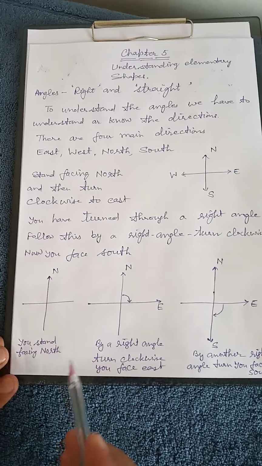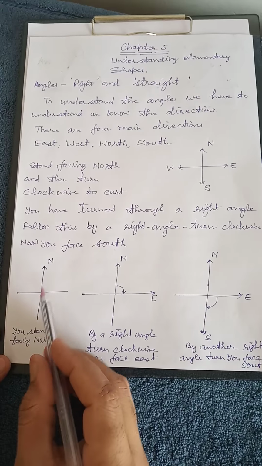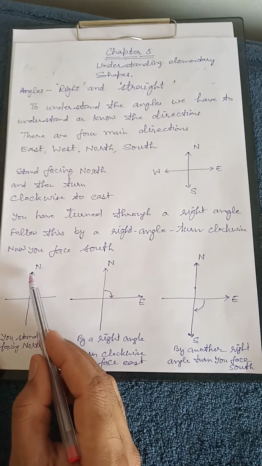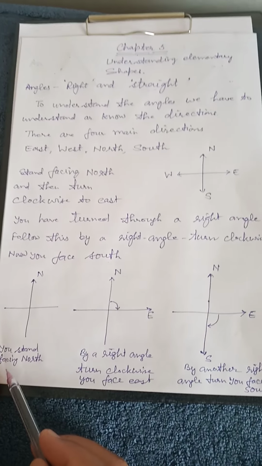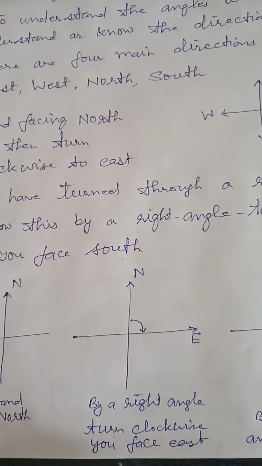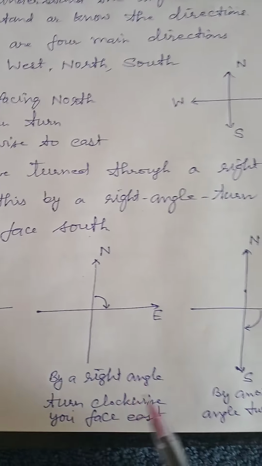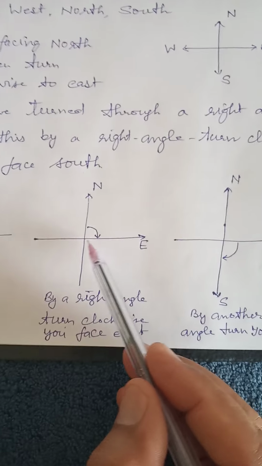Now look at these direction figures. This direction is north. Now you stand facing north. By a right angle turn clockwise, you face east. It means if you turn by one right angle, your face will be towards east.